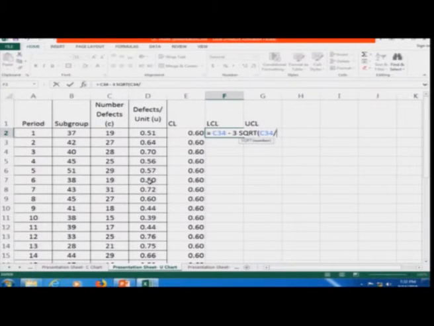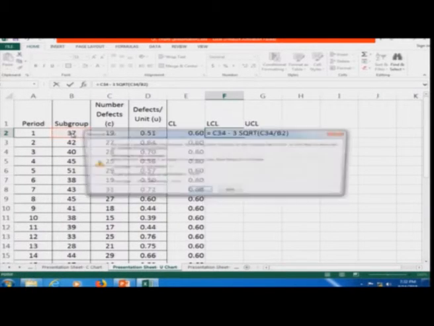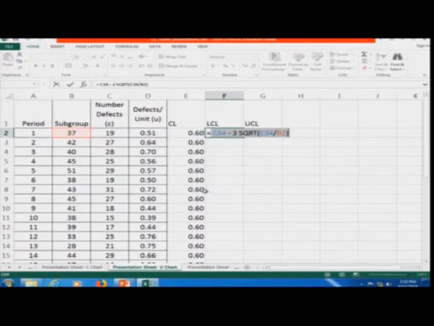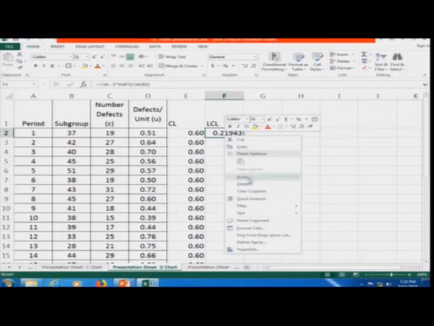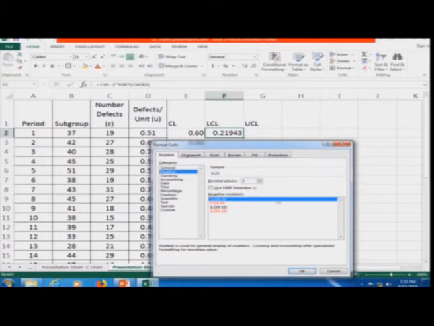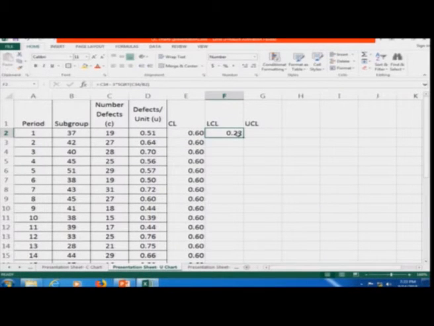N here is my number of pieces which are inspected, that is subgroup size, that is 37 here, that is B2. So bracket close, enter. So okay, 3 into... it wouldn't accept unless we complete the formula. So 0.219. So let me bring it back to the second place of decimal. Okay, lower control limit is there.